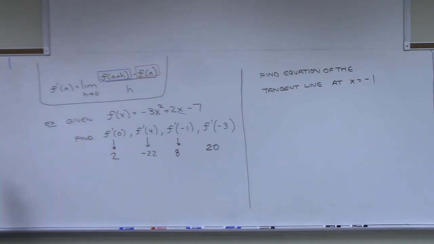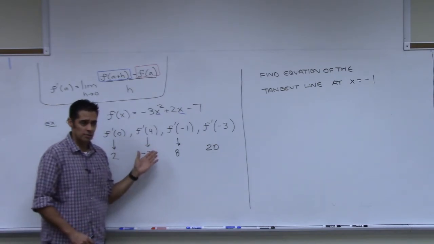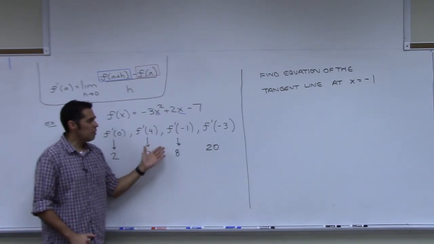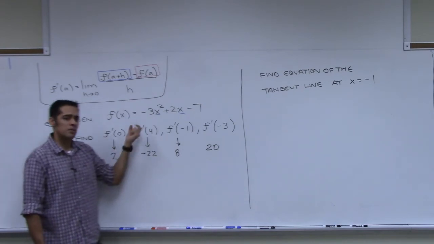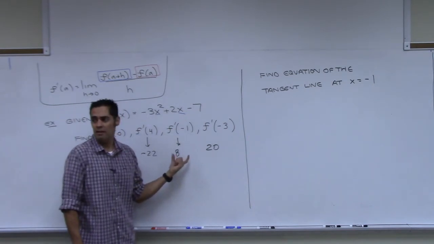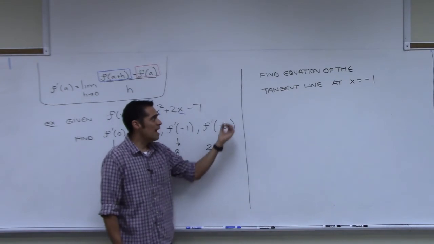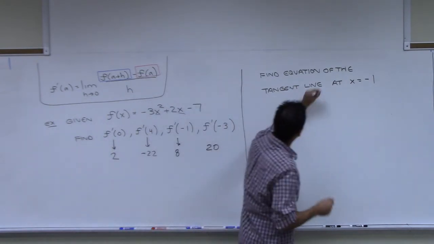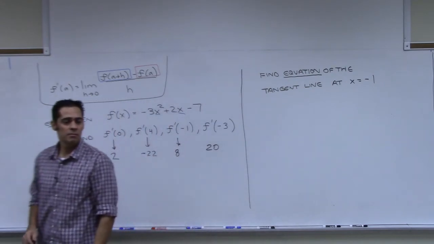So what is the difference between the question I'm asking there and the question that I'm asking here? This one is asking for the slope of the tangent line at 0, the slope of the tangent line at 4, the slope of the tangent line at negative 1, the slope of the tangent line at negative 3. This is asking for the equation of the tangent line, right?